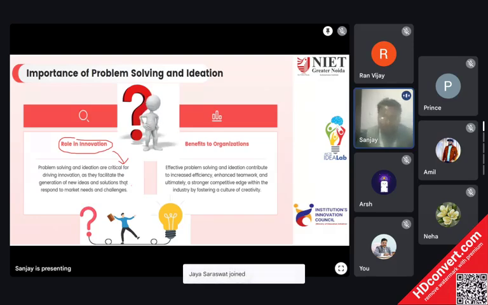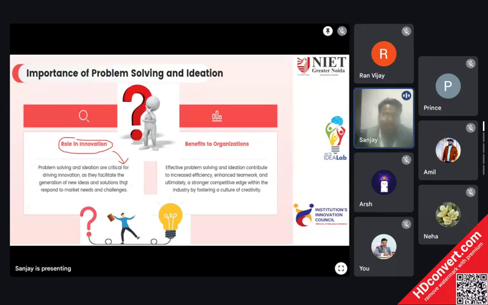The problem can be solved by innovation, and that innovation comes with ideation techniques. An organization or an individual can benefit from problem solving and ideation to increase efficiency, enhance teamwork, and ultimately gain a stronger competitive edge within the industry and society. So we can create a culture of creativity.